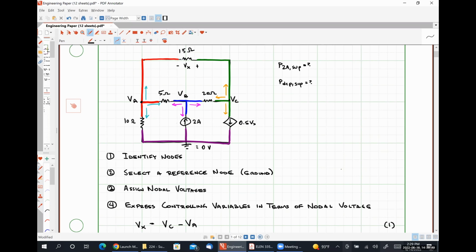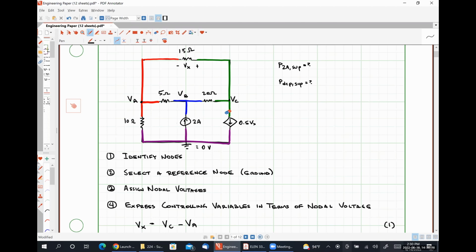So since we're trying to figure out the power supplied by these sources, I'm going to erase some of these arrows that we used to write our KCL equations, and we're going to figure out what polarities we need our voltages to have across these current sources in order to determine supplied power, okay?